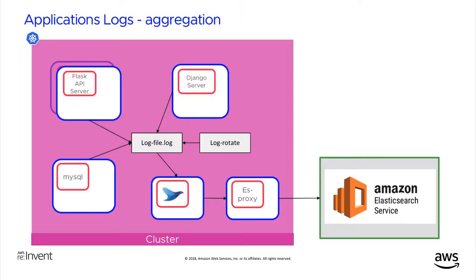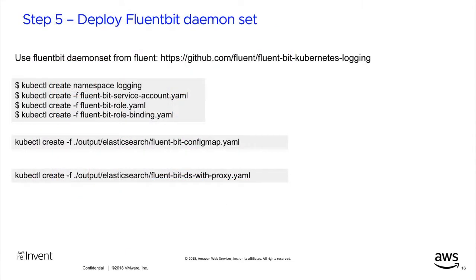And to set it up, it's fairly simple, right? Go to the Fluent GitHub location, and there is actually a daemon set for Fluentbit Kubernetes called Fluent-bit-Kubernetes logging. Follow the instructions, pretty simple, right? First thing, go in and create a namespace, set up your roles, right? Create your config maps, and the config map is fairly simple.